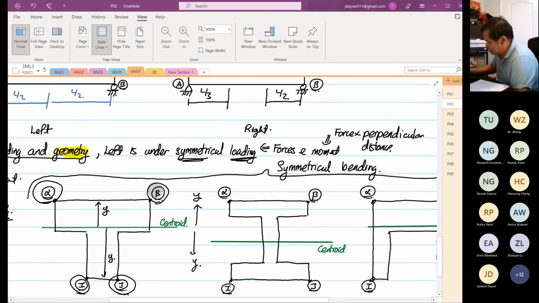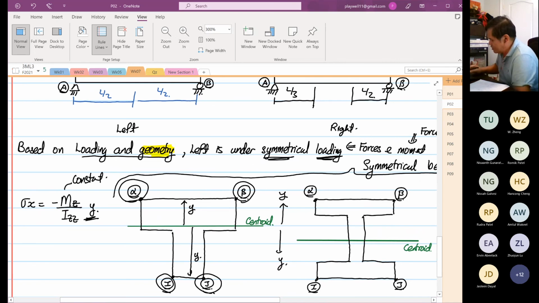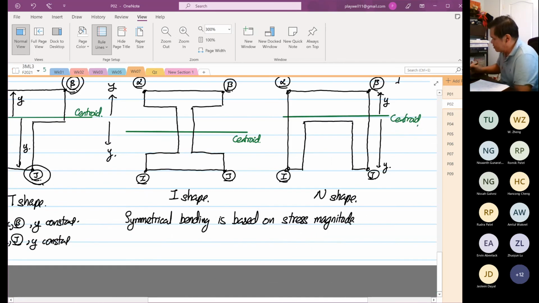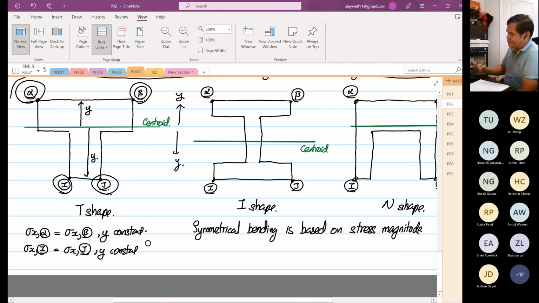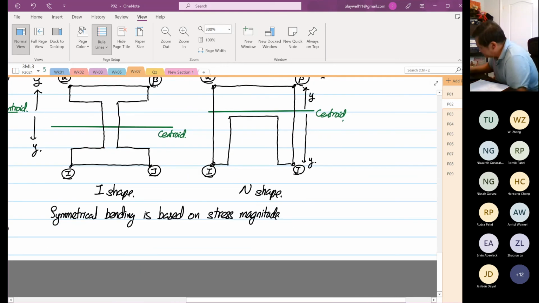Nothing to do with loading and geometry. It all has to do with the stress magnitude, and symmetry in one axis of loading, or bending, and bending is applied in one axis only.